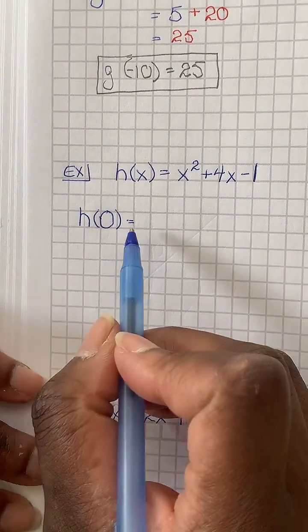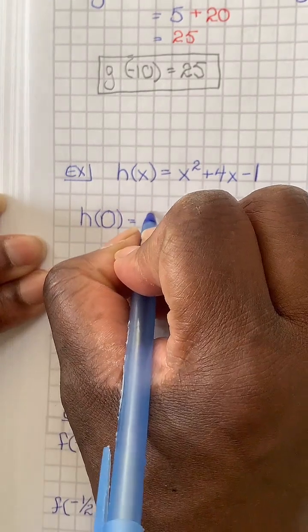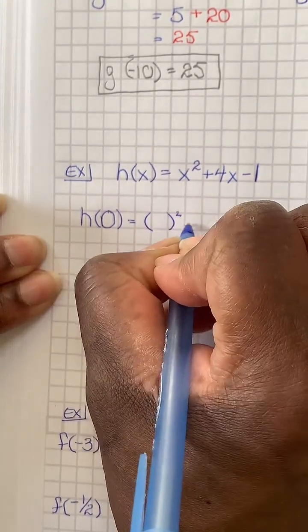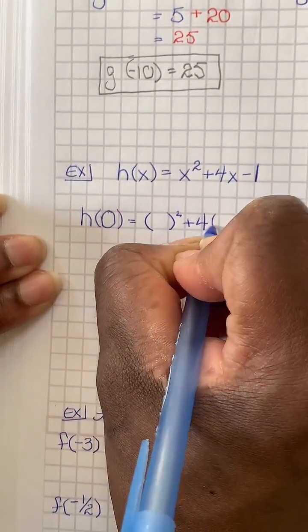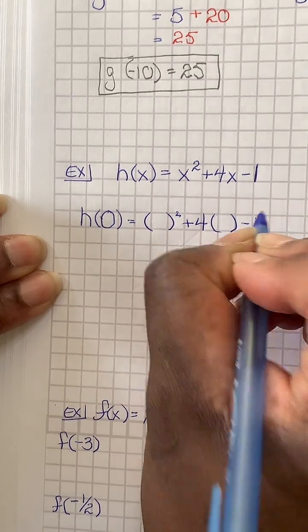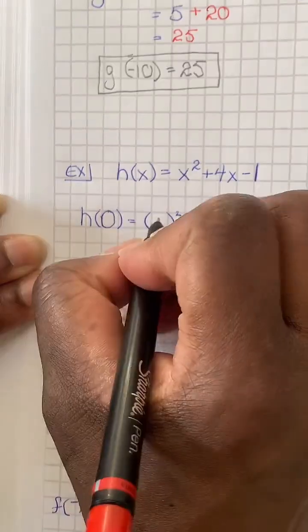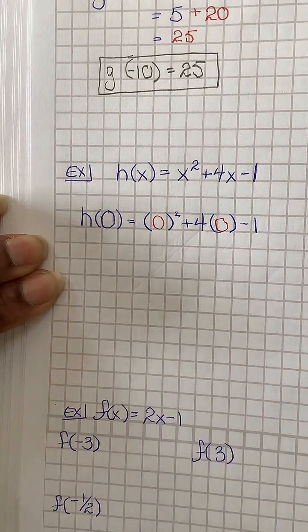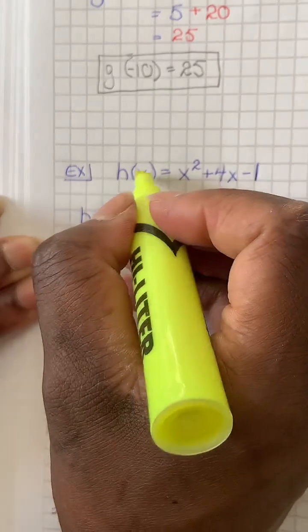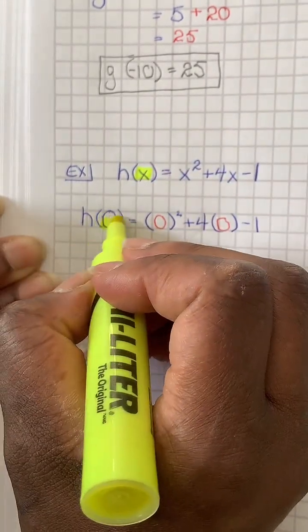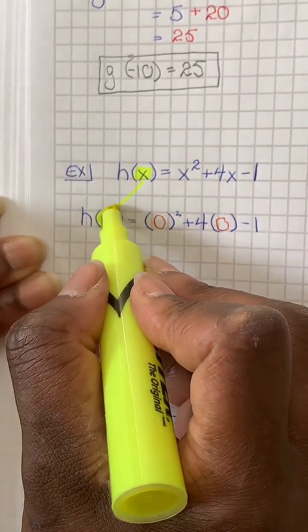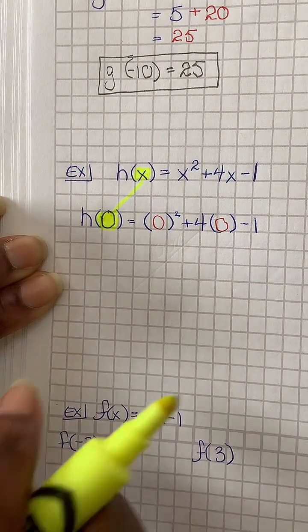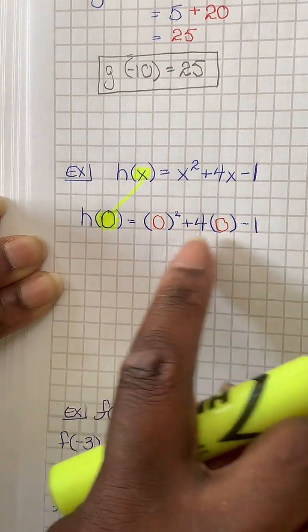How to solve this. Okay. So all you're doing is where you have an X, all you're doing is plugging in the 0. Because notice that X and 0 are both in the same spots. So wherever you see an X, you plug in a 0.